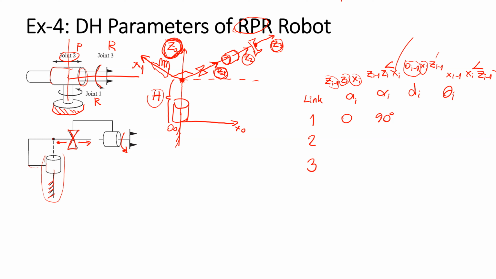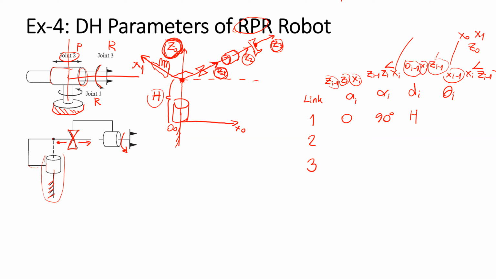So the offset is the distance between O0 and X1 along Z0. The offset will be the height in this case. How about the angle? The angle will be the angle difference between X0 and X1 about Z0.